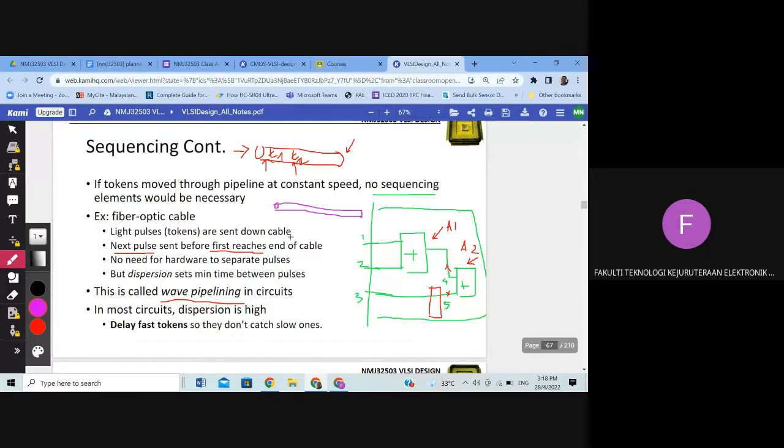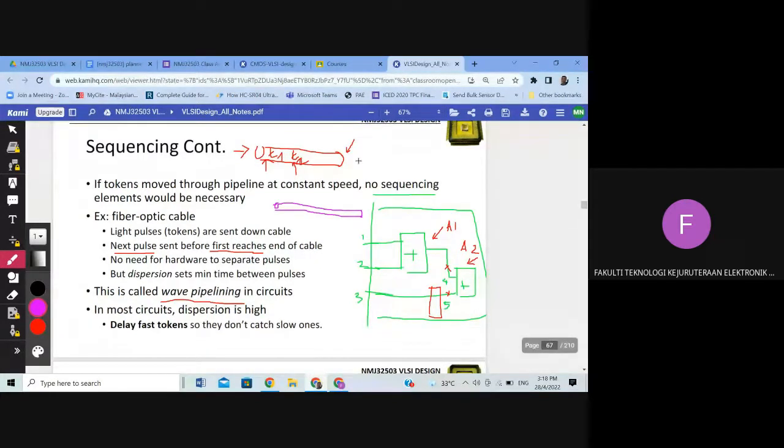What we do is the process of pipelining. So we transfer one after another, but not simultaneously. We transfer after a period of time. For example, at T1 we transfer, and then after a couple of seconds, we transfer another pulse.